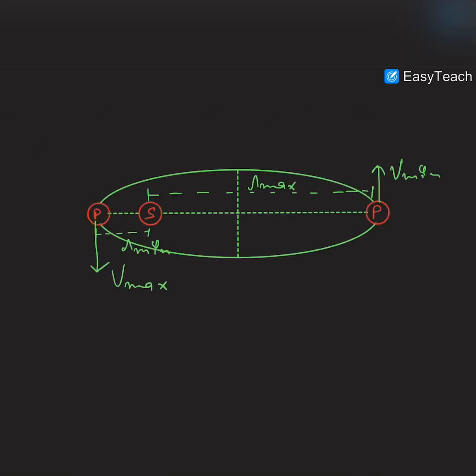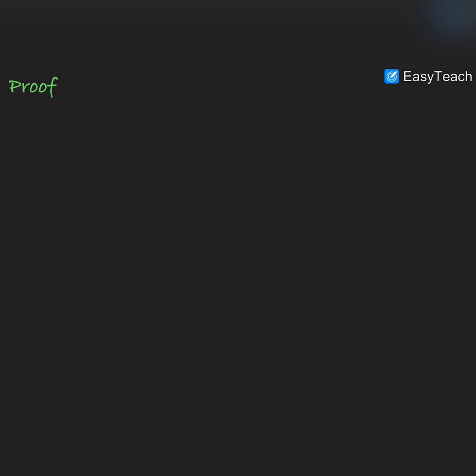So mv1r1 will be equal to mv2r2, or I can say that L will remain constant, where L is angular momentum, because the net torque is 0 about the sun, obviously.